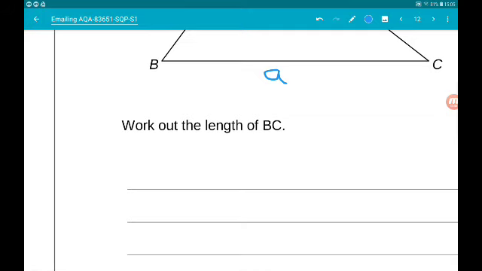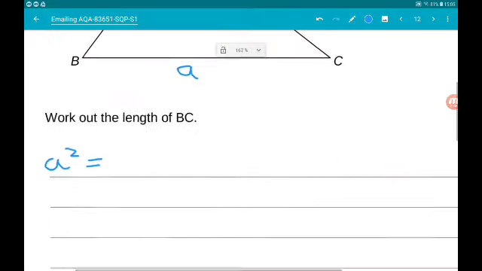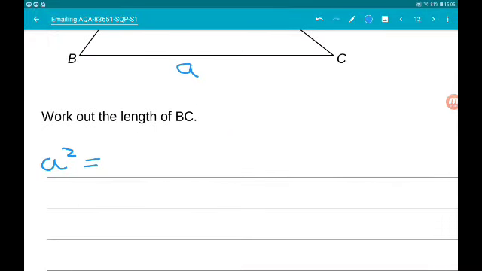So a squared is 4 squared, so 16, and 7 squared is 49, so that's going to give us 65, minus 2 times 4 times 7, so minus 56 times cos of the angle.